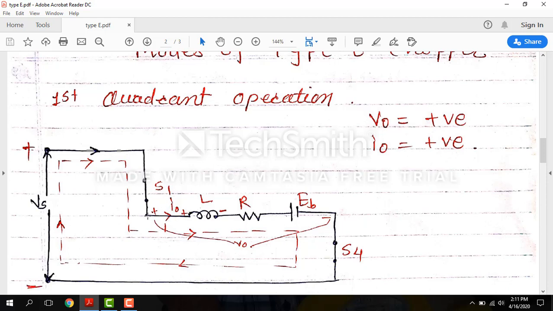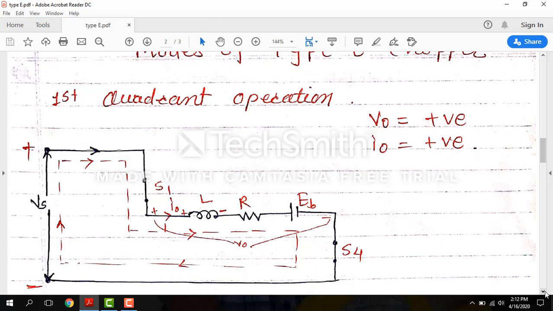This terminal is positive and this terminal is negative, so the supply positive terminal is connected over here and negative over here. That means the output voltage is also positive. So in the first quadrant the inductor stores energy, with output voltage positive and output current also positive.